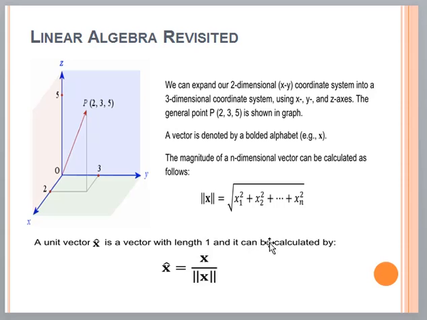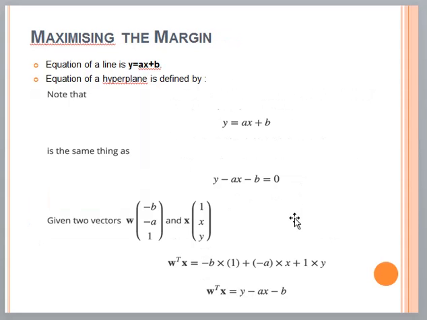It is calculated as the vector x divided by the magnitude of the vector, which we calculated through this formula, right? So now we know how to calculate the magnitude of a vector and the unit vector.